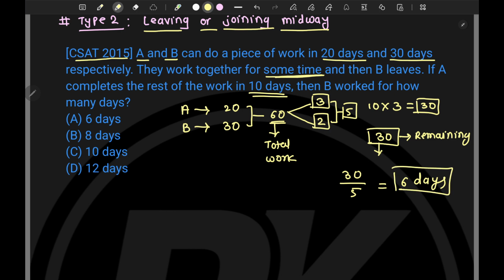What is asked in the examination is for how many days B worked, because B left in between, right? So A and B worked together for 6 days. That means B only worked for 6 days. Okay, and what is the answer? It's option A. Sounds easy? Let's move to the next example.